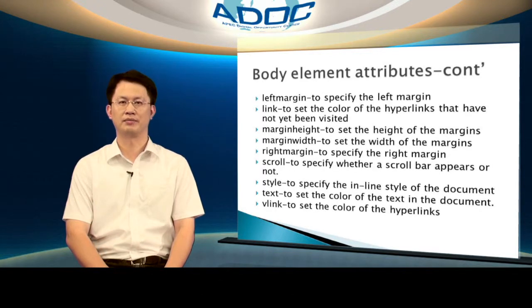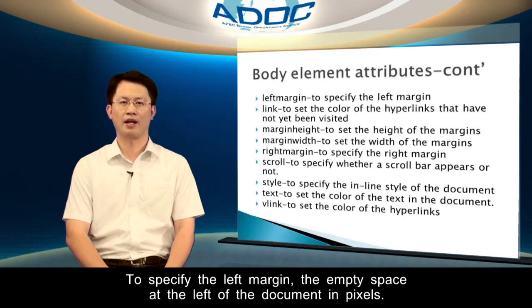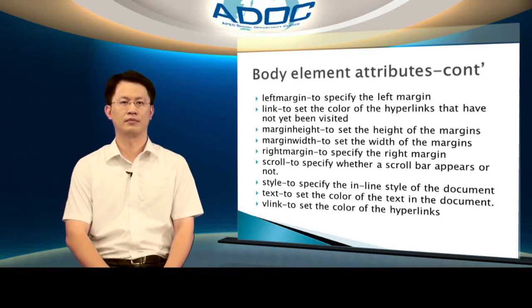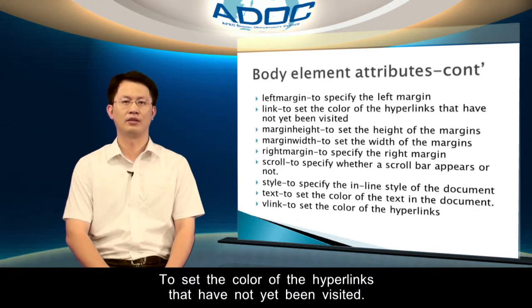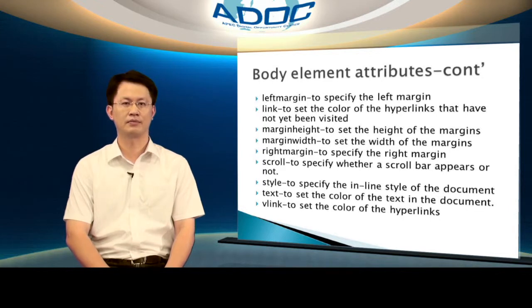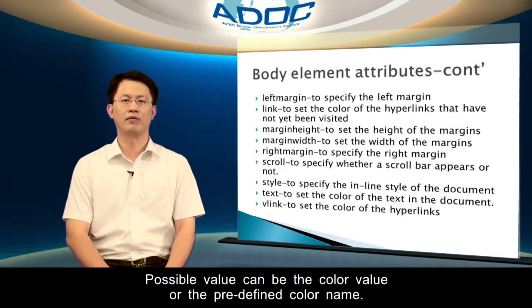Leftmargin, to specify the left margin, the empty space at the left of the document in pixels. Link, to set the color of the hyperlinks that have not yet been visited. Possible value can be the color value or the predefined color name.